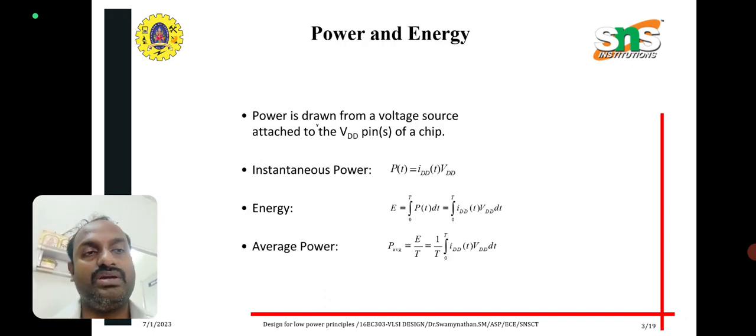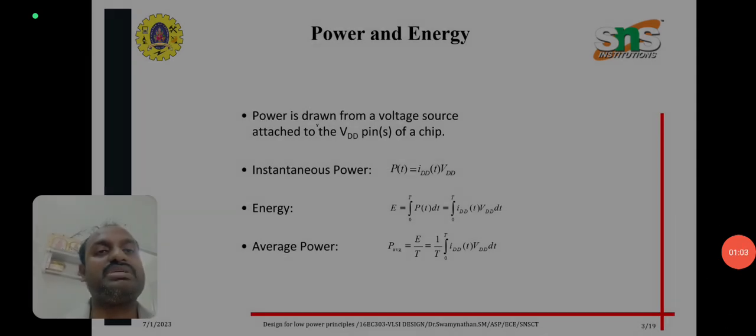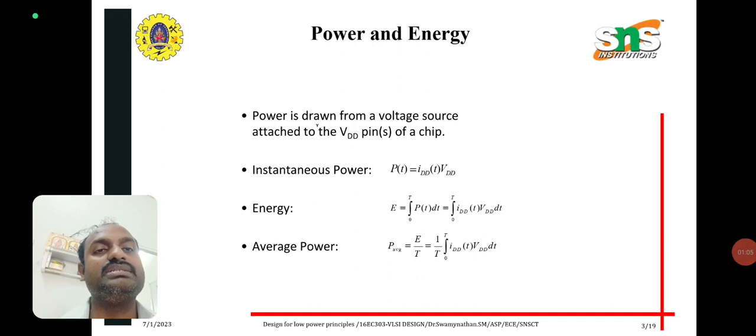First, what do you mean by power? Power is P is equal to VI. In terms of IDD, P of t is equal to IDD of t into VDD, so in terms of time it varies.